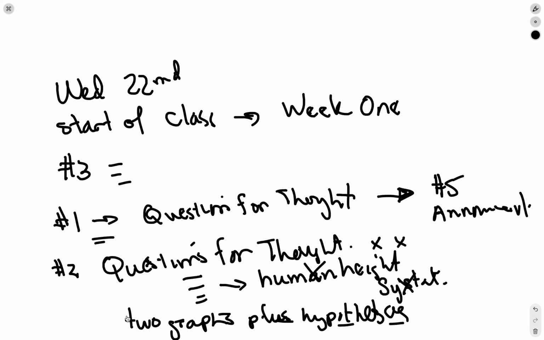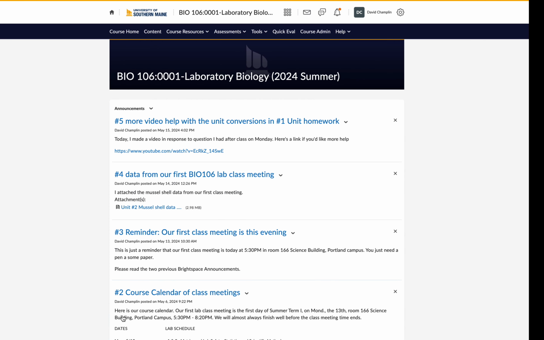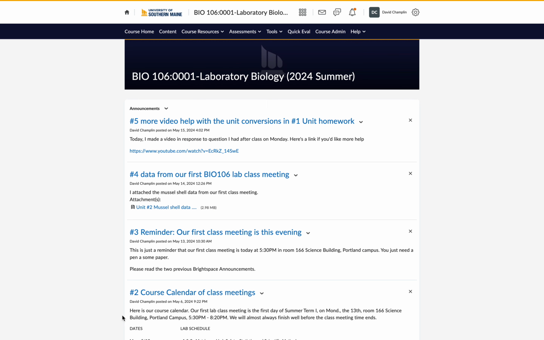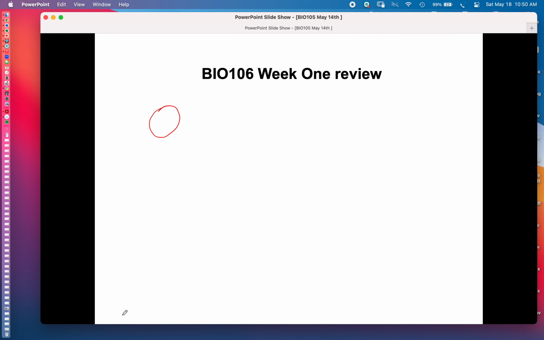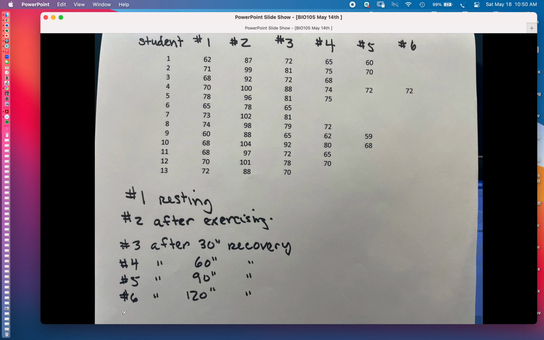Okay, and so since we've just kind of got going on the homework, let me describe the data. The first graph is about human heart rate. This is the data that we shared on the first class meeting, and everybody's making a graph.